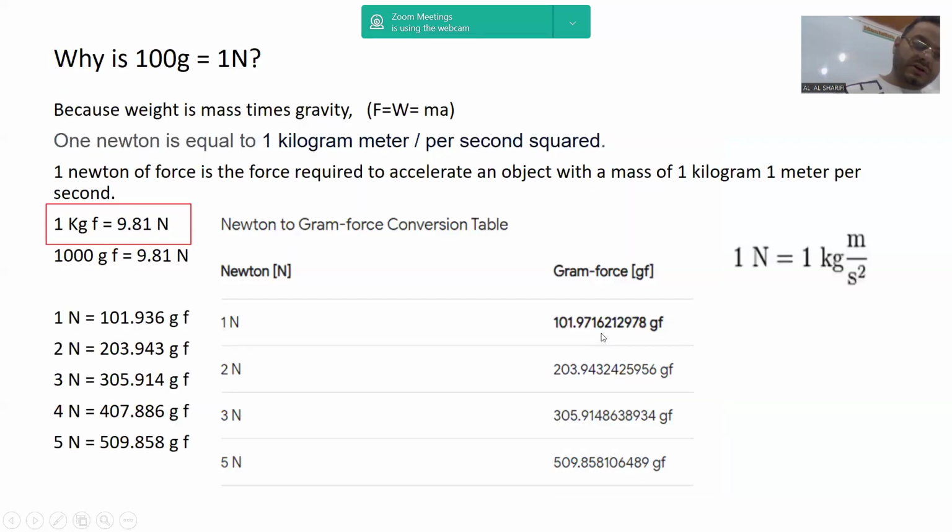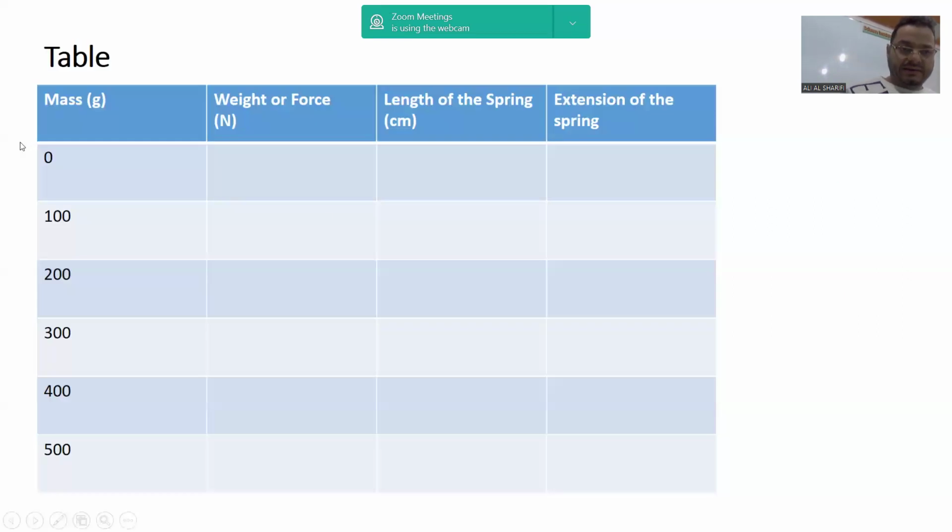Now let's take a look at how we can calculate this mass to get this force in Newton units.